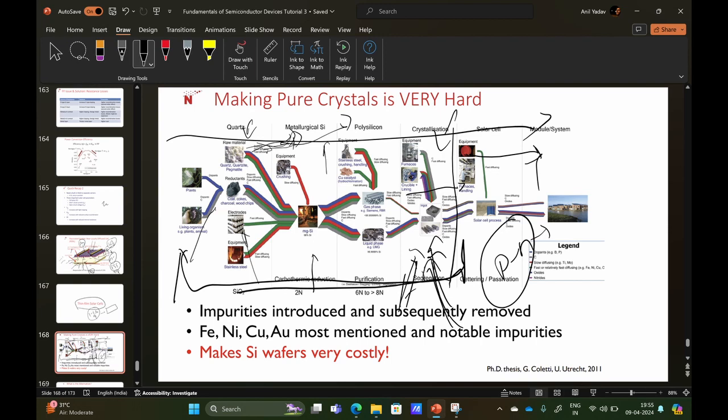But there are other issues with these types of cells, like stability issues, open circuit voltage and JSC. These are lower, so they are not as efficient and not as stable as the silicon solar cell is.